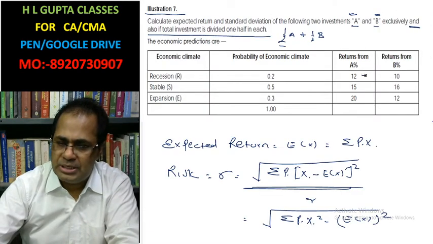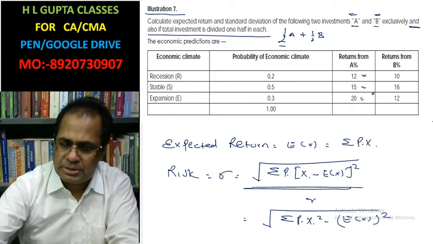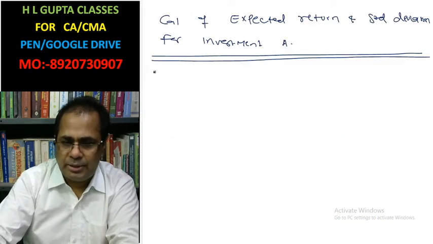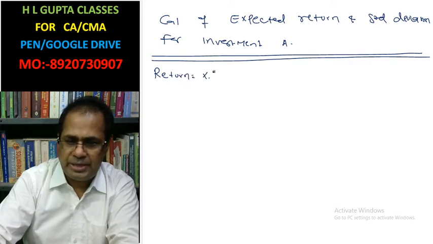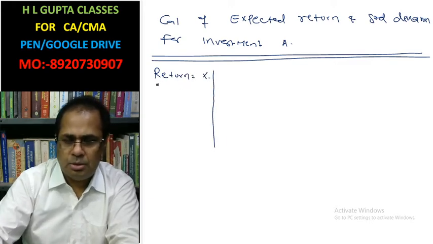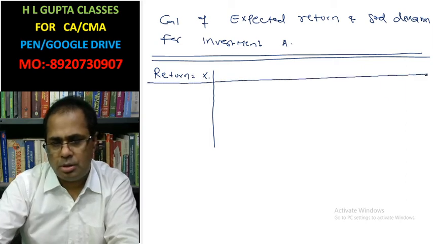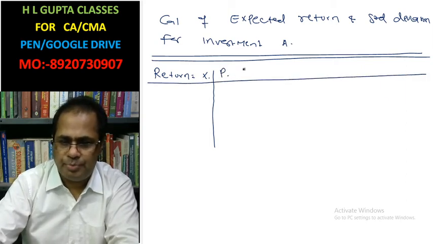This is 12%, 15%, 20%. You write the return. Return is represented by Xi and write here probability Pi.